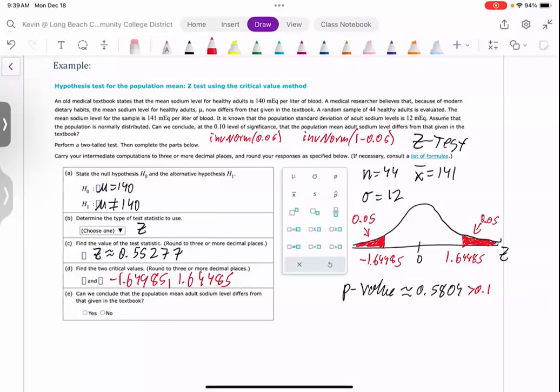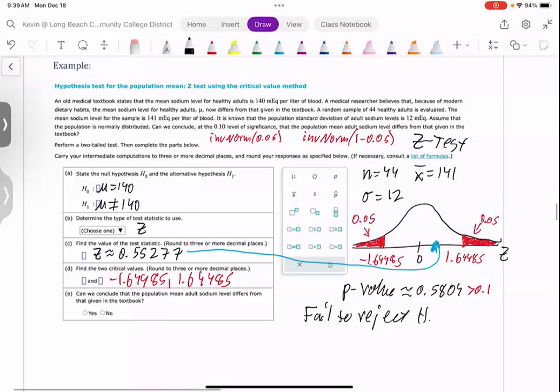And also, to use the other method, we can see that this is definitely not in the critical region. Both conclude that we're going to fail to reject the null hypothesis. So can we conclude that it differs? No, we can't. Now, if it was the other way around and we rejected the null hypothesis, then yes, we would conclude that.